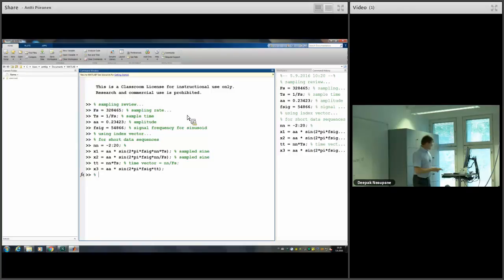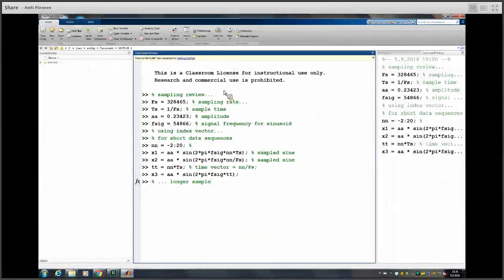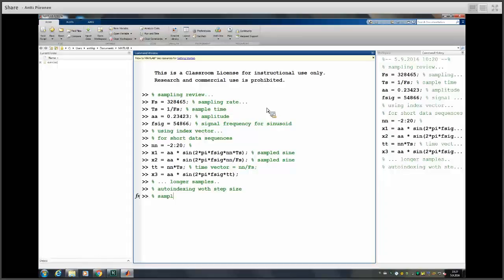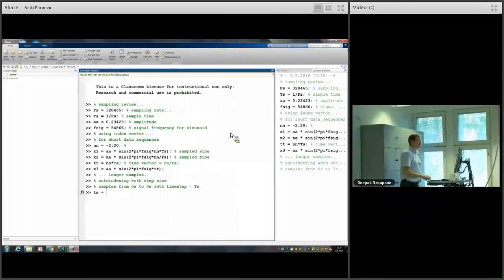How about longer samples? Then we use the auto-indexing with step size. For example, if we want samples from 0 seconds to say 3 seconds with the time step equal to ts, then the sample times are different now, much longer. This far we have had only 23 samples, zeros included.